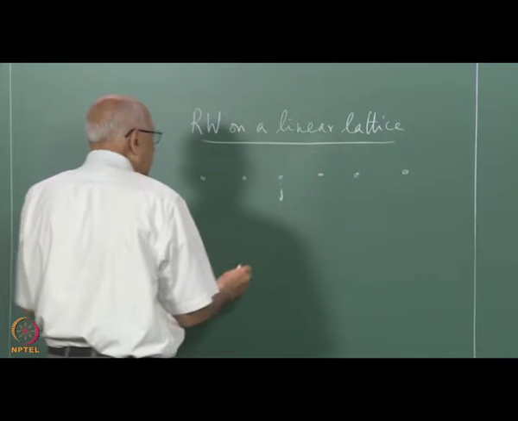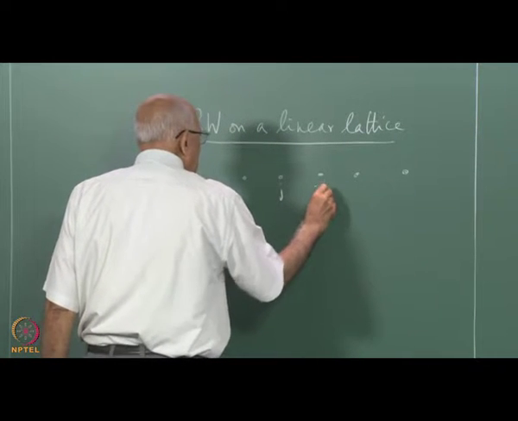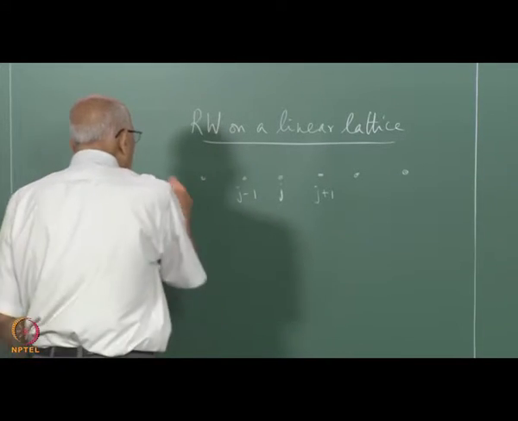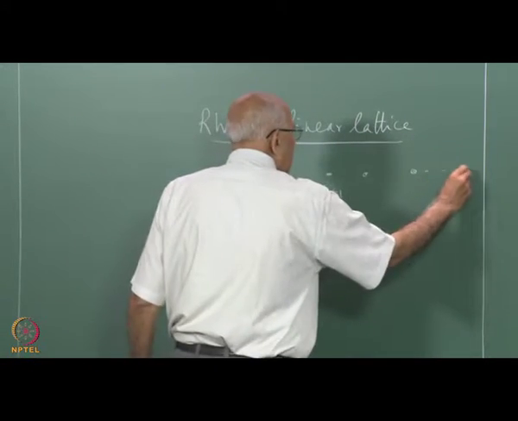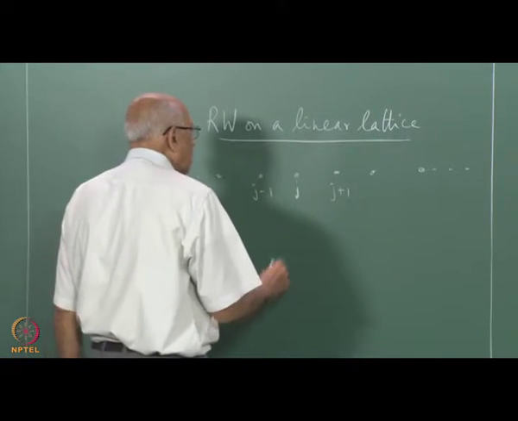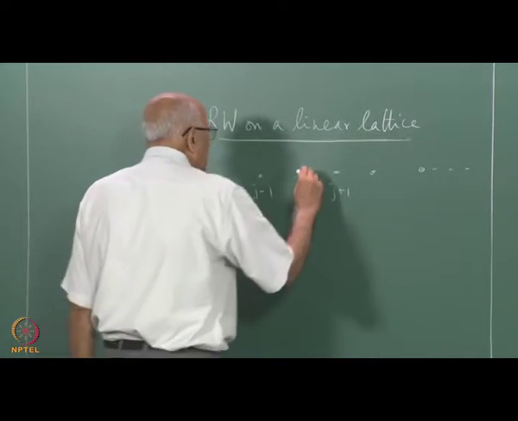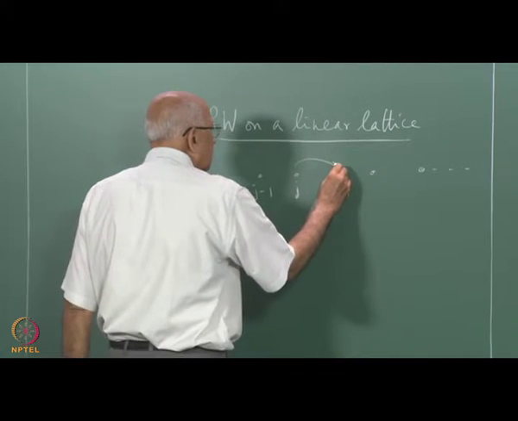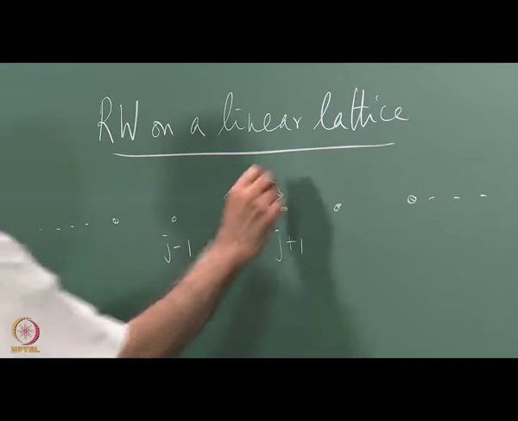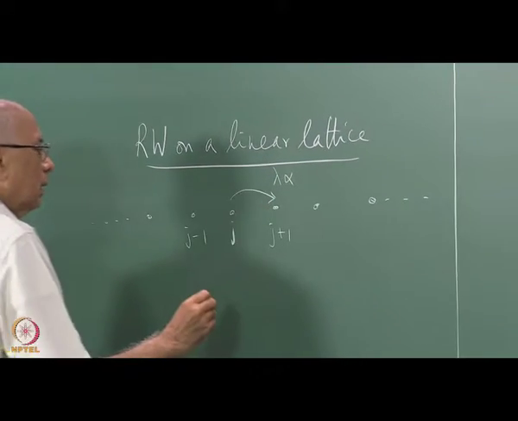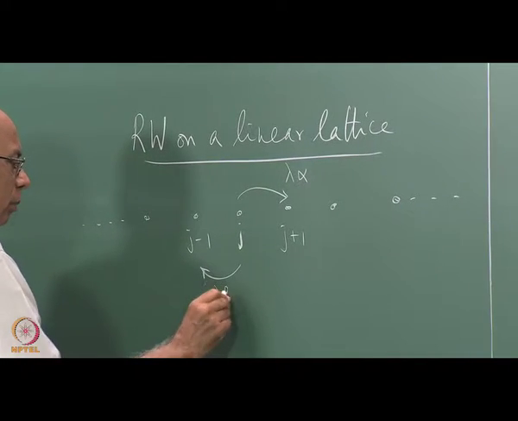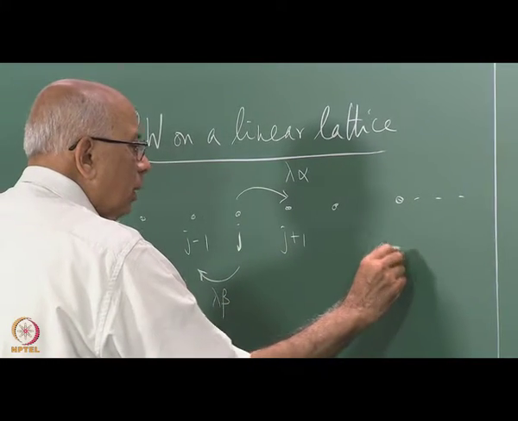This was site j and this was j plus 1, j minus 1 and so on, all the way on either side over this full set of integers. And the rule of the game was that from every site j you jumped to the site j plus 1 with a mean rate which was lambda times alpha, and you jumped from j to j minus 1 with a mean rate which was lambda times beta, such that alpha plus beta is 1.